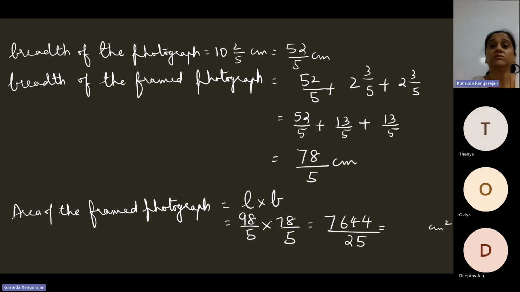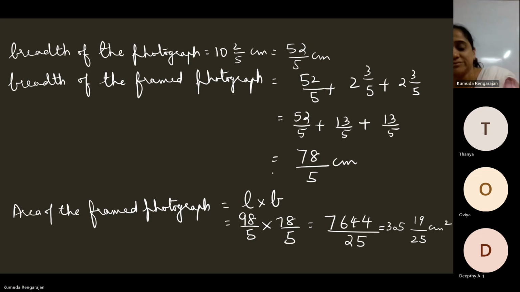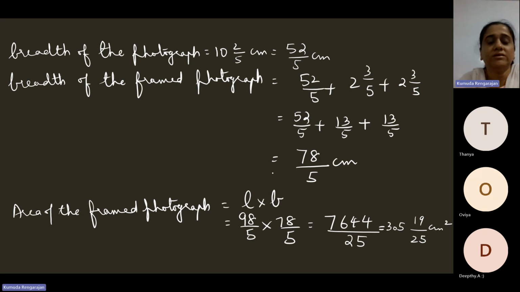Sorry, yes. 305, 19 by 25. Perfect. Correct. All right.